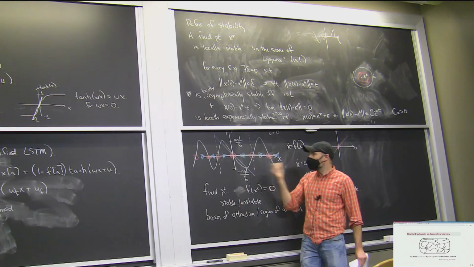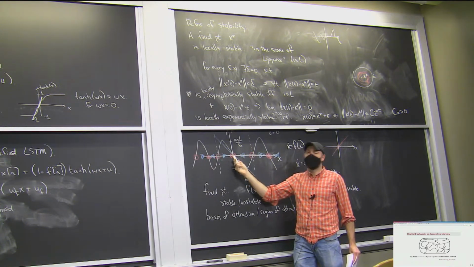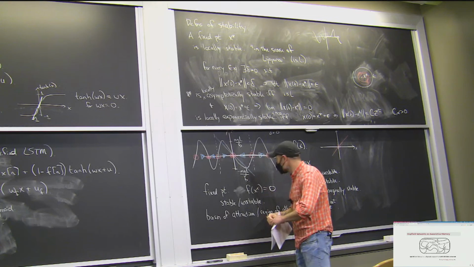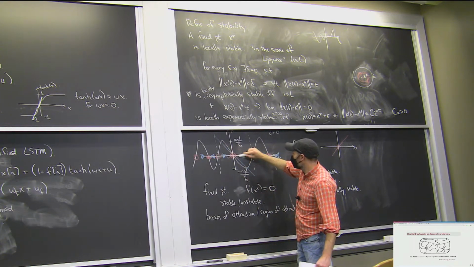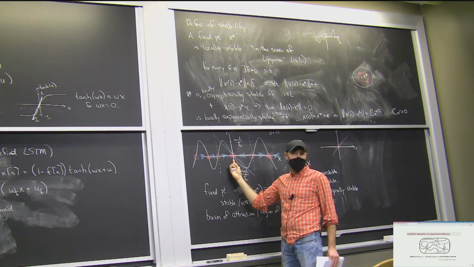If I can figure out all of the initial conditions X which, once I start the dynamical system, will converge on this fixed point, that defines a region in this space, which here is just on the line. That is the region of attraction of that fixed point.